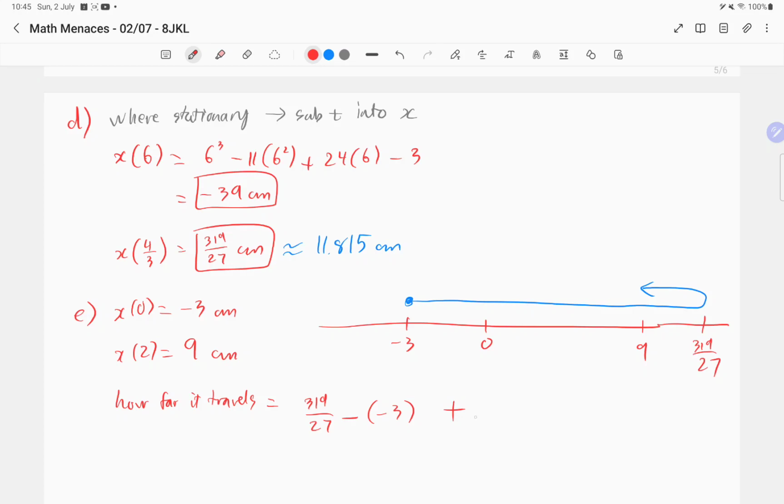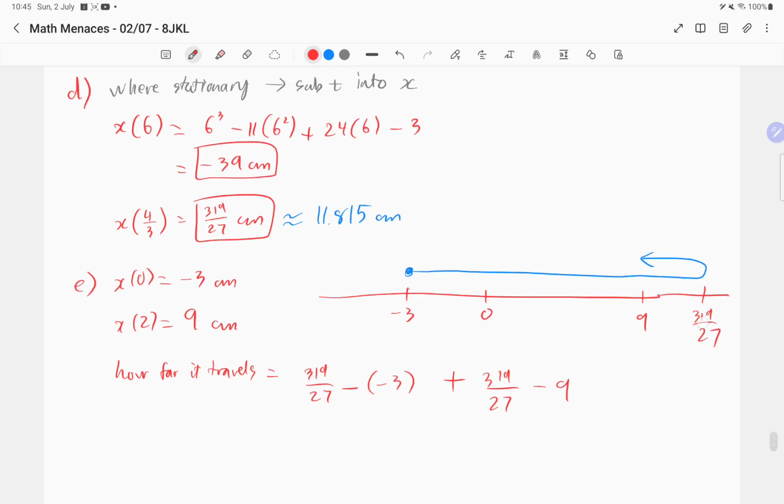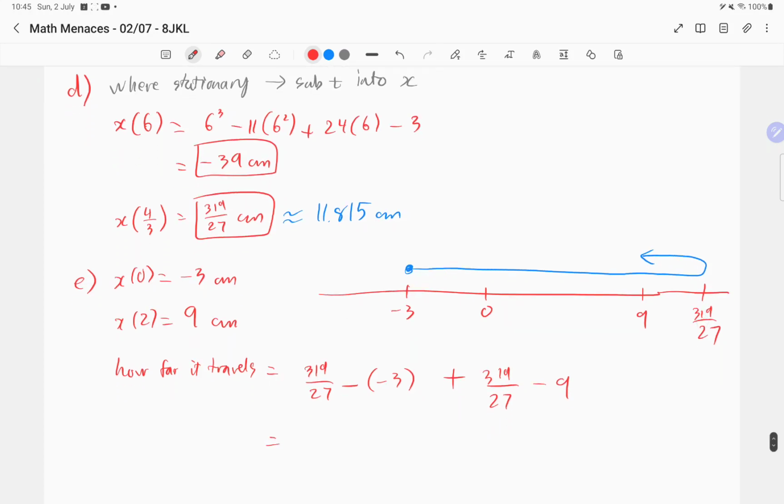Don't the signs not matter because it's just the total distance? I'm calculating the displacement from -3 to 319/27, which is 11 point something, 11.8.